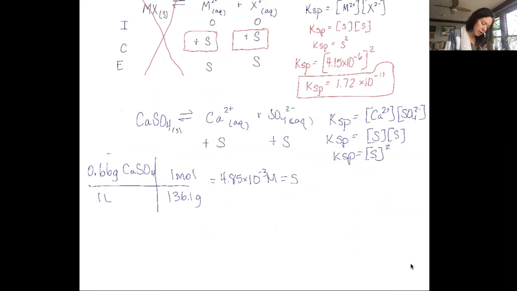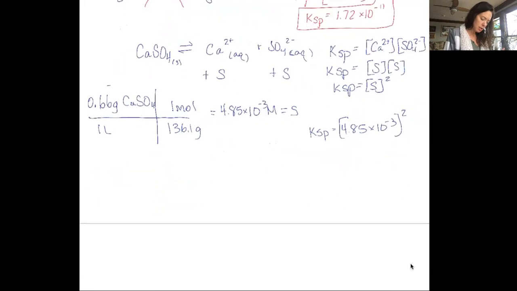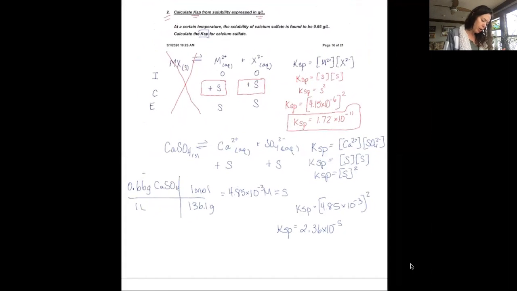Therefore, Ksp equals 4.85 times 10 to the negative 3rd squared, and that's going to be 2.36 times 10 to the negative 5th. That is your Ksp value.